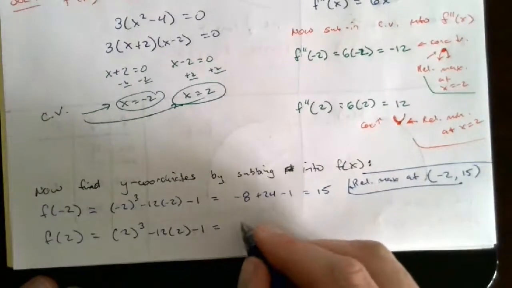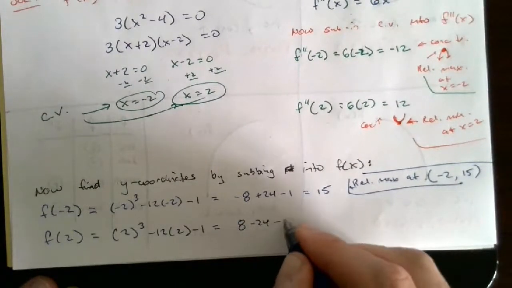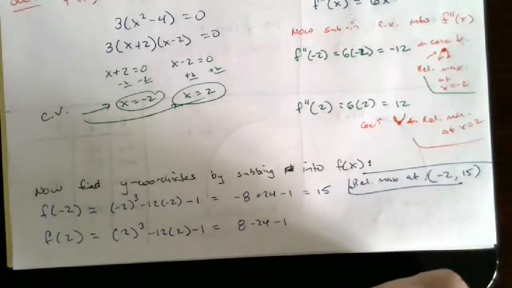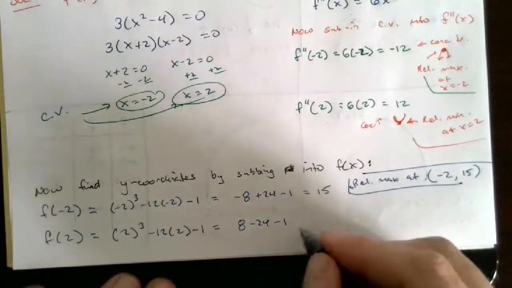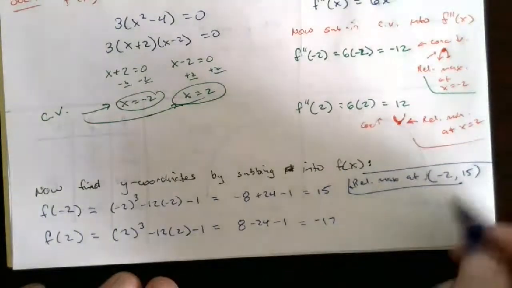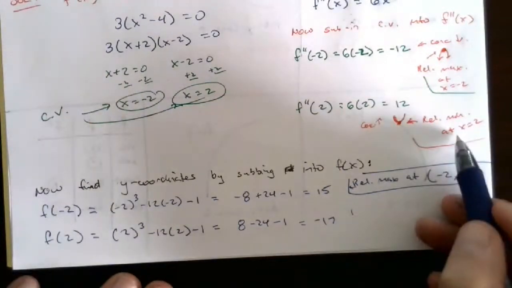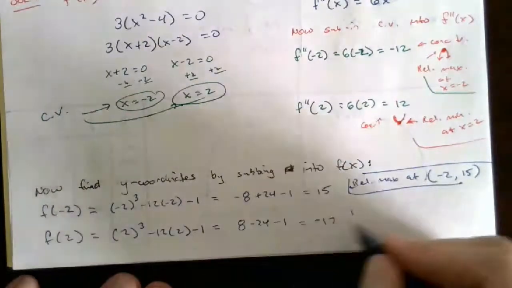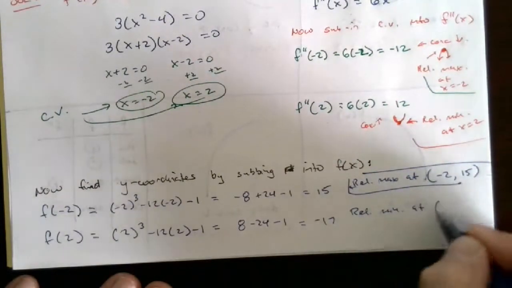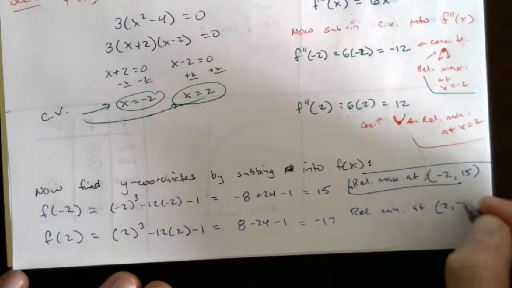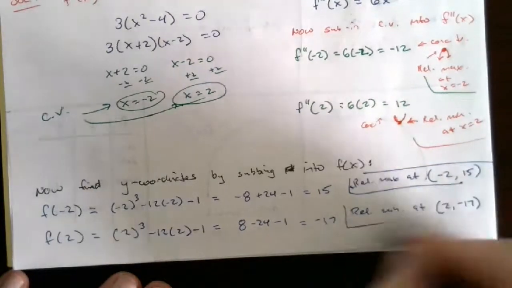Well, we've got 8 minus 24 minus 1. 8 minus 24 would be -16. Minus 1 is -17. So we have a relative, well, what was it? It was a minimum at x equals 2. So we have a relative minimum at the point 2, -17.